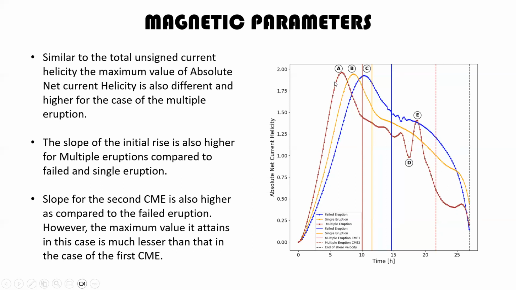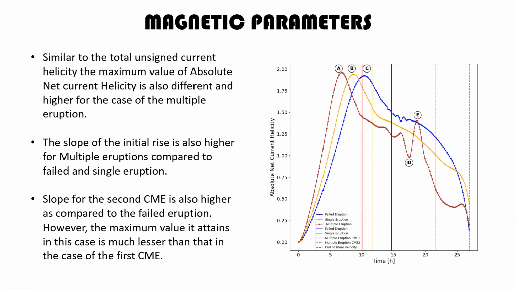So the result is that apart from the maximum value this absolute net current helicity is reaching, the slope at which it is increasing also plays a crucial role in whether the eruption will happen or not. So from this plot, we conclude that apart from the maximum value, the slope at which the absolute net current helicity is increasing is also telling us about the eruption.